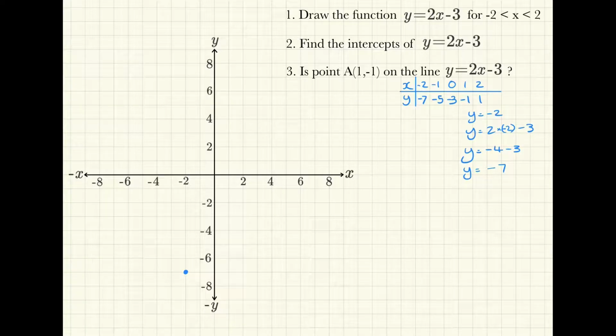When x is -1, y is -5. Right there. When x is 0, y is -3. When x is 1, y is -1. And when x is 2, y is 1.